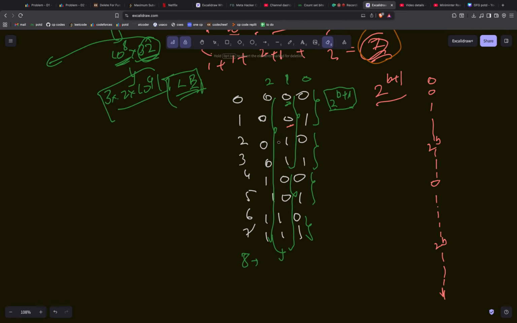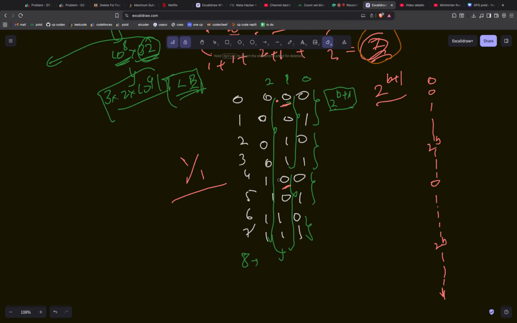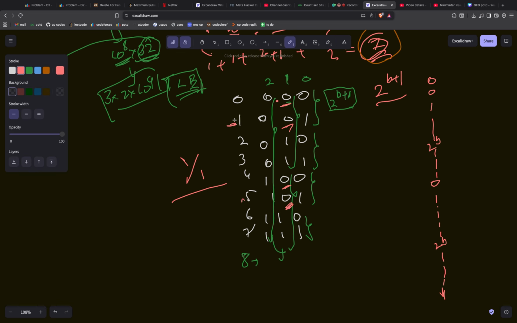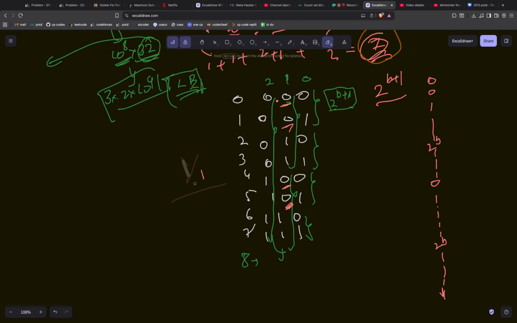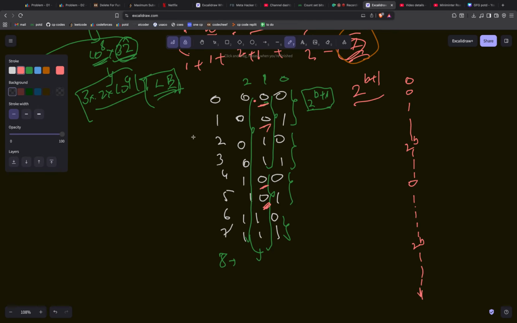If you do not know this result you should remember it, or you can even prove it because this is just modulo. Under mod 4, these are the same; under mod 2 to the power b plus 1, the values that are the same would get repeated. Here mod 4 is 1, here also mod 4 is 1. You can prove this with another mod criterion, but let's stick to the result we saw.